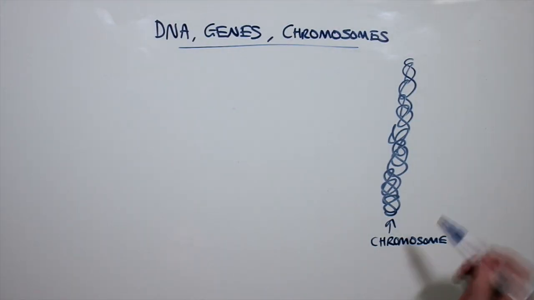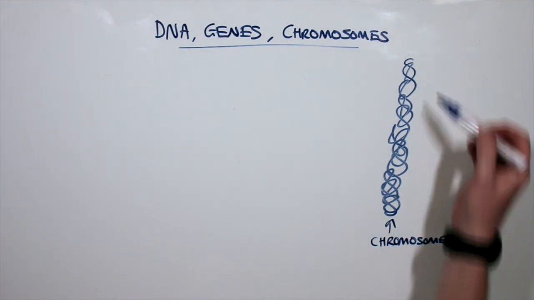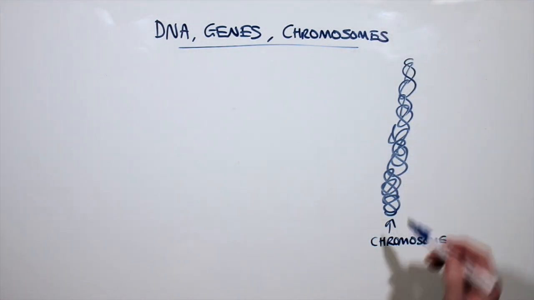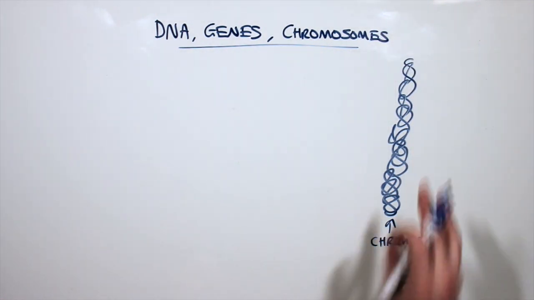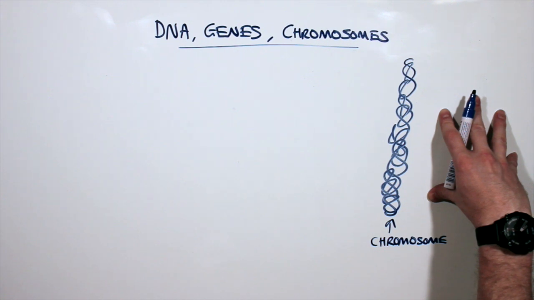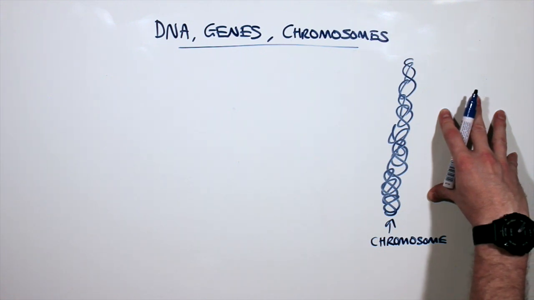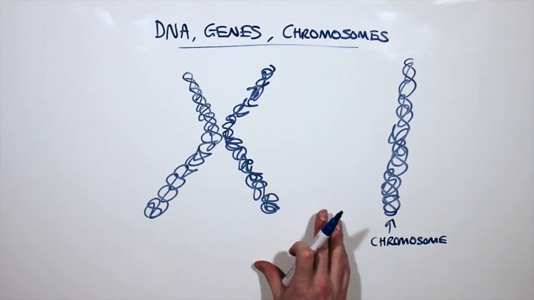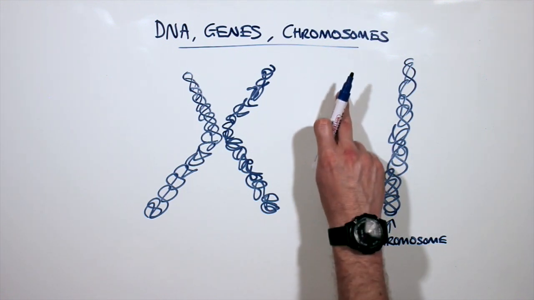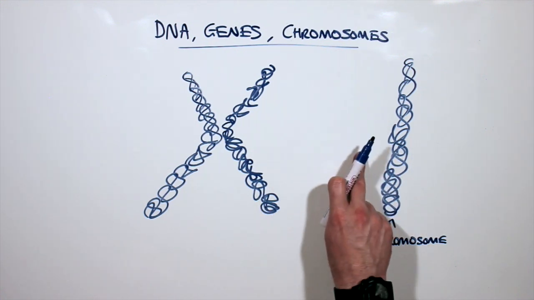Finally, you might be wondering to yourself, well, you said here that a chromosome is just this sort of single rod of condensed chromatin. How do we go from a chromosome that looks like this to a chromosome that looks like this? Well, if you've watched my other video on DNA replication, you'll know that we can take a single double helix and turn it into two double helices.